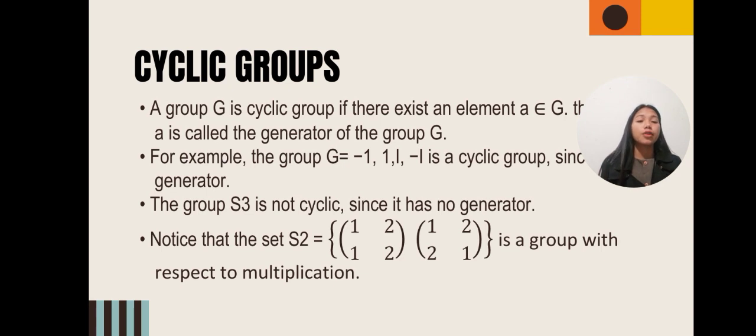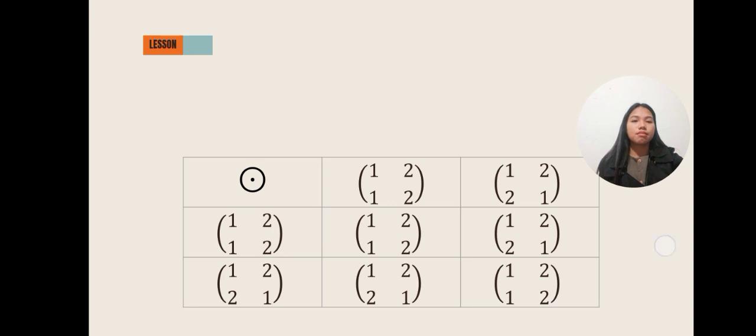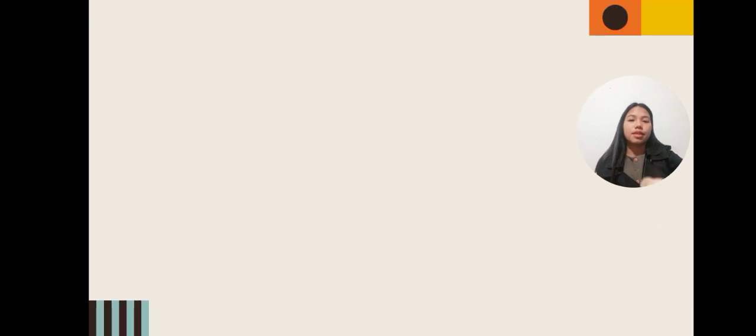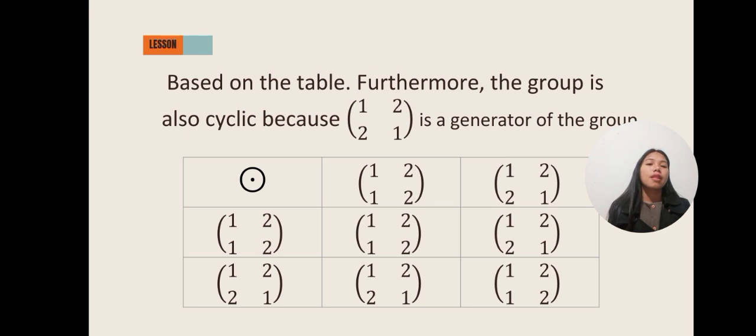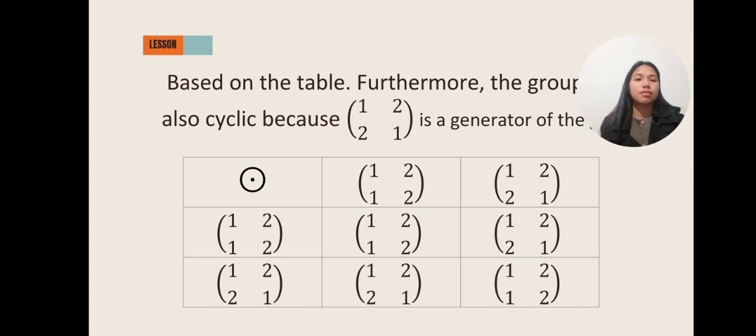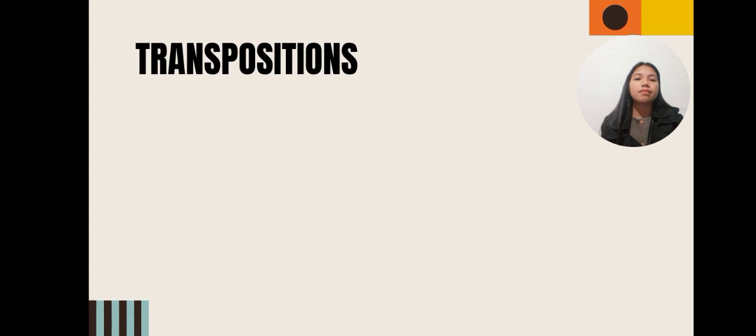And so this is a group with respect to multiplication. So notice the table below. Based on the table, furthermore, the group is also cyclic because the cycle 1, 2 and 2, 1 is a generator of the group. So it has a generator, right?